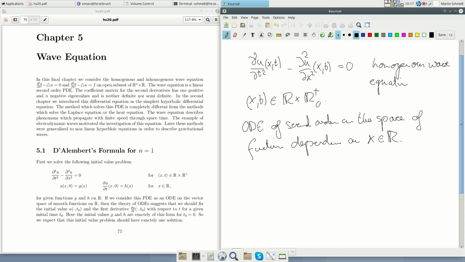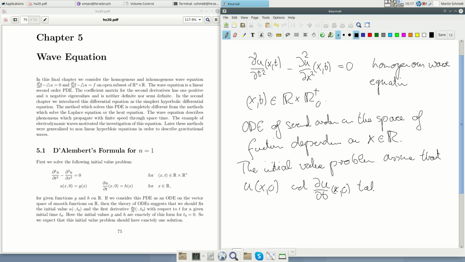Since it's second order, the initial value problem assumes that u of x and 0 and du by dt of x and 0 take some given values.